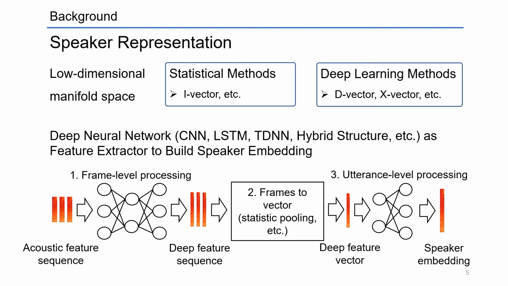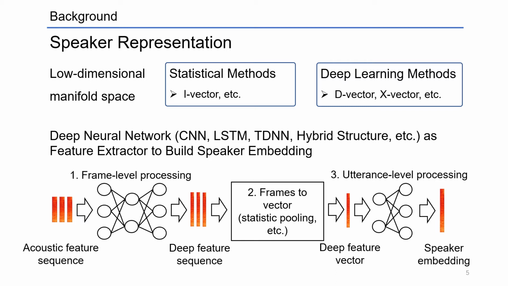However, these models are computationally expensive when testing. An attractive idea is to find a low-dimensional manifold space to represent a speaker. I-vector is such a classical speaker representation, derived from the factor analysis model.